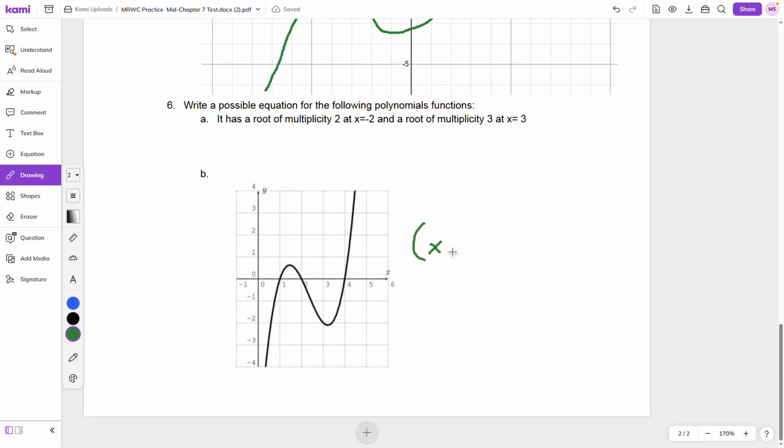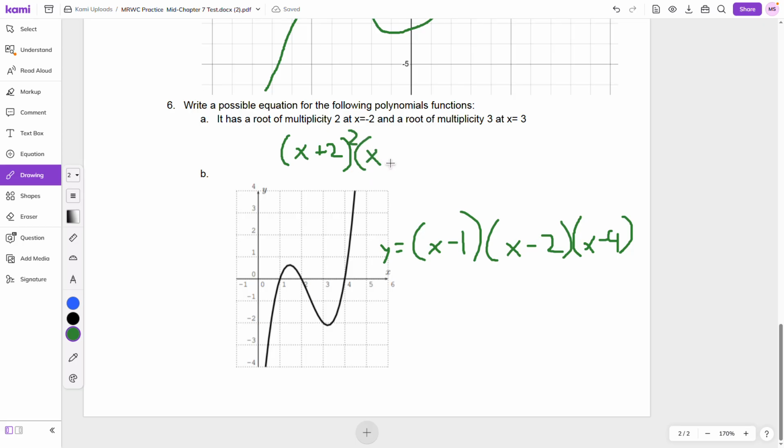This one here is x minus 1, x minus 2, and x minus 4. And there's no bounce or hitch, so that's good enough. This one here, at x minus 2, so that's x plus 2, and multiplicity 2, multiplicity 3 at x minus 3. And that's really it. I don't see any other problems here.